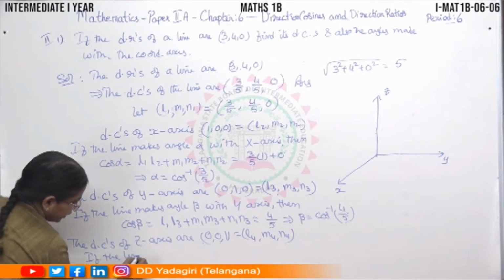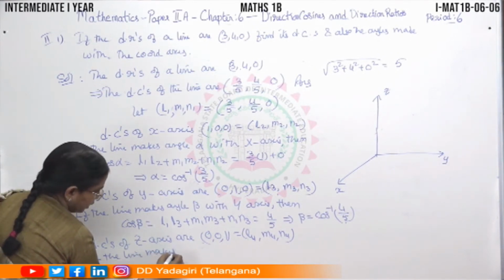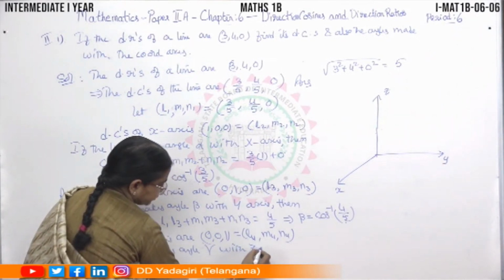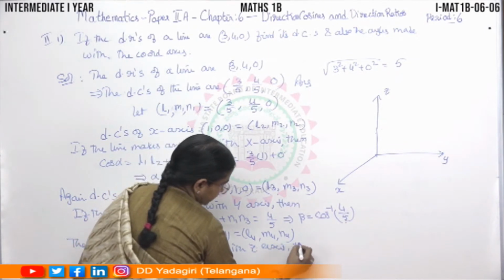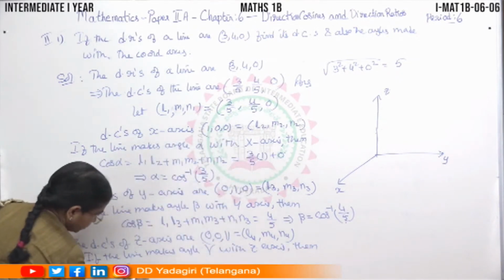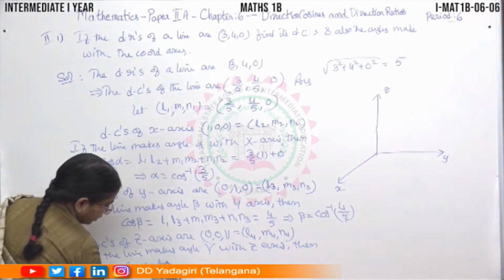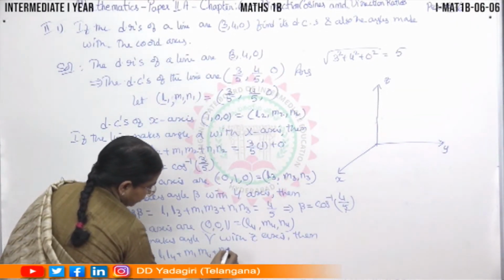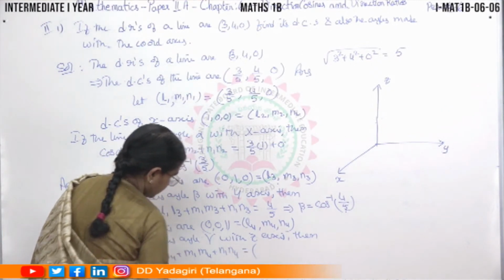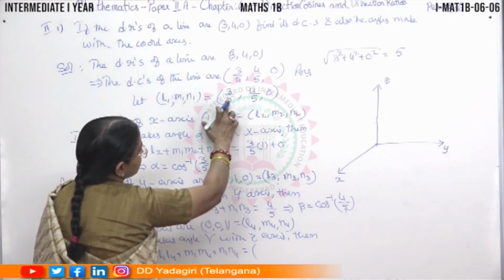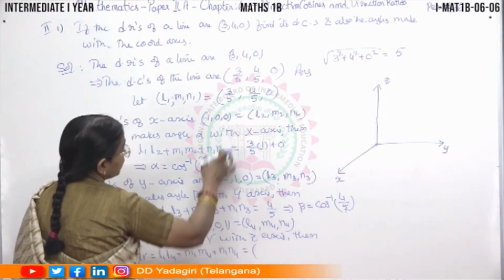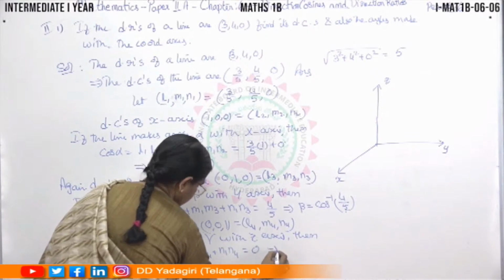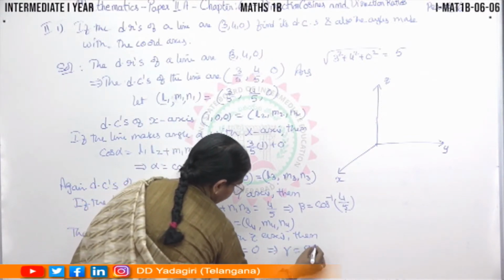If the line makes angle gamma with z-axis, then cos gamma is equal to L1 L4 plus M1 M4 plus N1 N4. That is 3 by 5 into 0 and 4 by 5 into 0, so 0. So it is 0, which implies gamma is equal to 90 degrees.